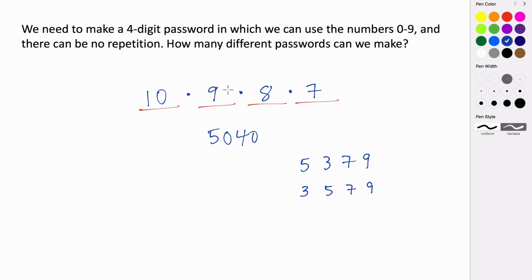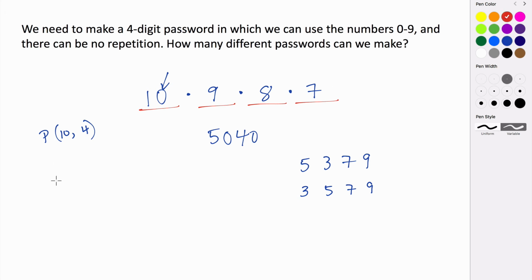And in our book, we denote the permutation like this. So this is a permutation of 10 objects, right? We had 10 options to start, and we're taking them 4 at a time. We're taking 4 objects for this password. So our book will say that this was a permutation of 10 objects taken 4 at a time. This is the notation that they use.